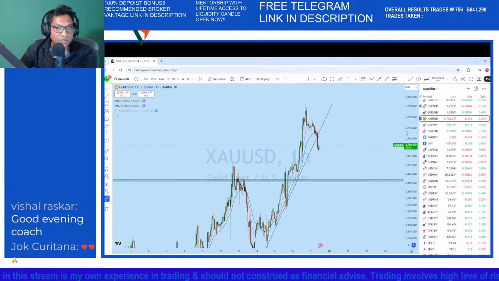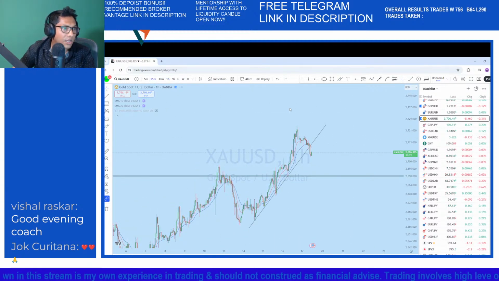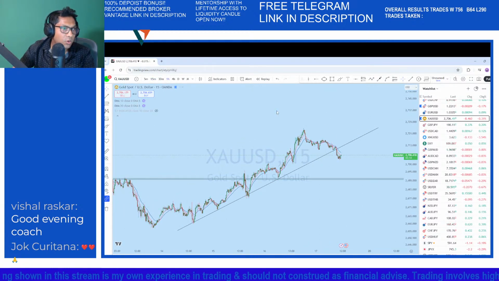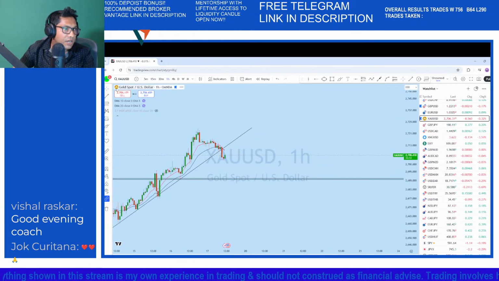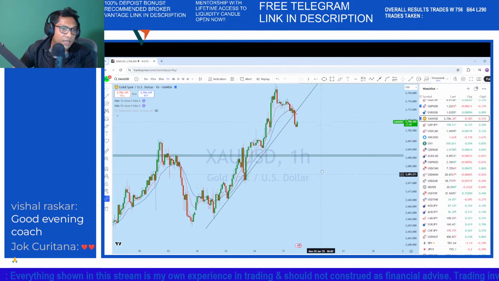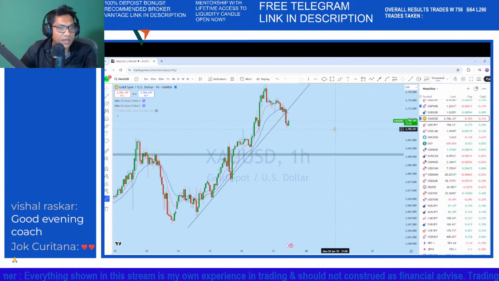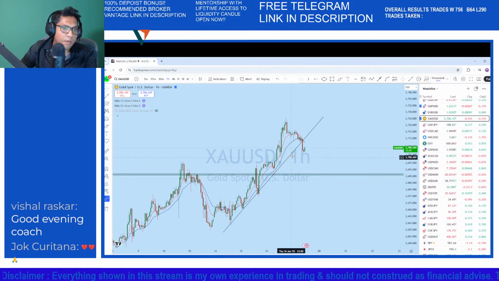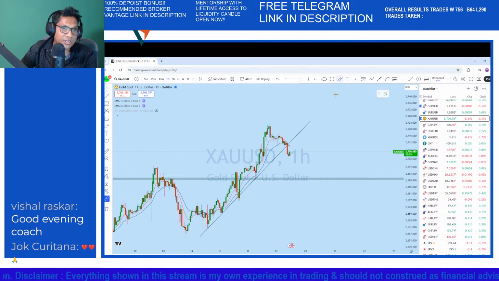So let's wait now on this one, looking at the 15 minutes perspective here on XAUUSD local time frame, looking at the 1 hour also, and in this 1 hour time frame, the market, as this is in a bull move, we can expect for the price to bounce back up to create a new higher high.